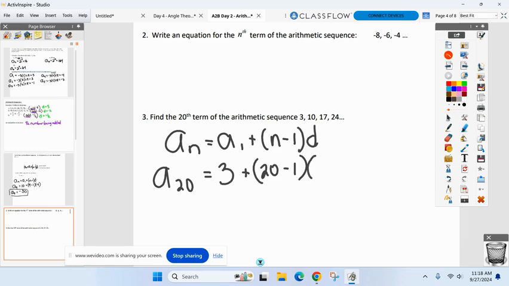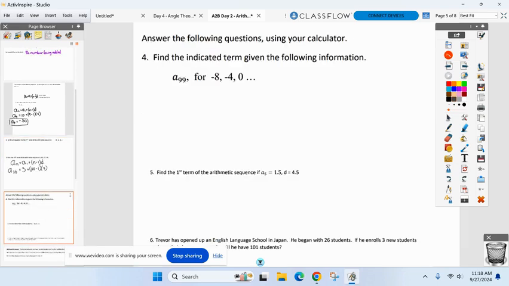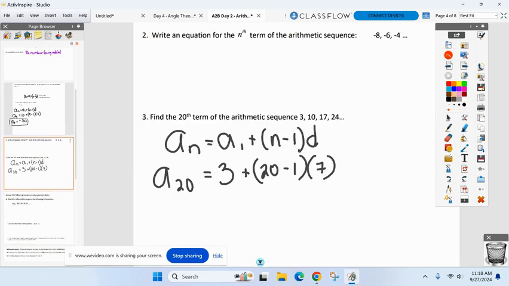So times, make sure it's multiplication, times 7. And what are we getting here? 136. Make sure you get 136. If not, let me know. Everyone's getting 136. All right, I'll come back to number 2, I promise.